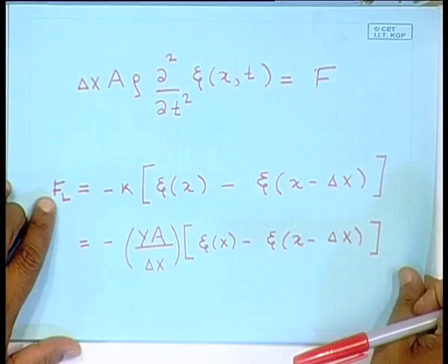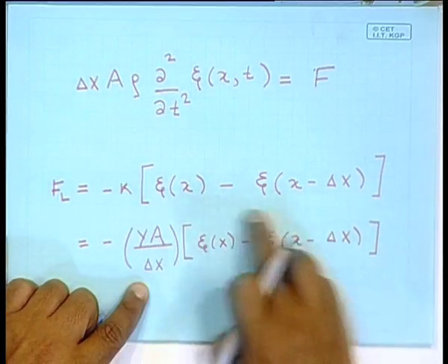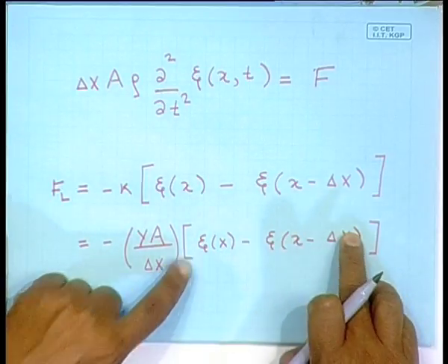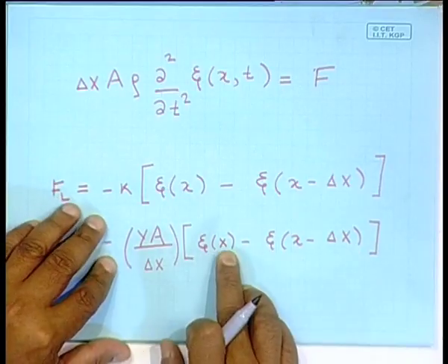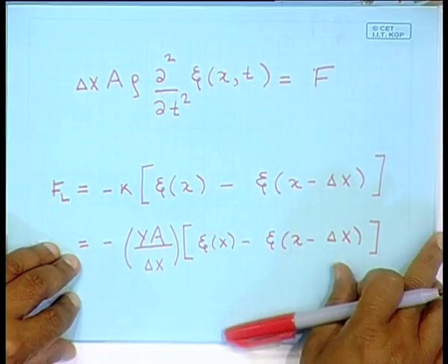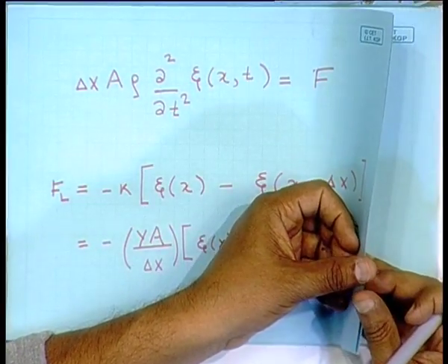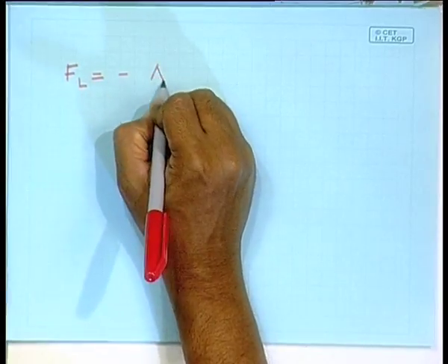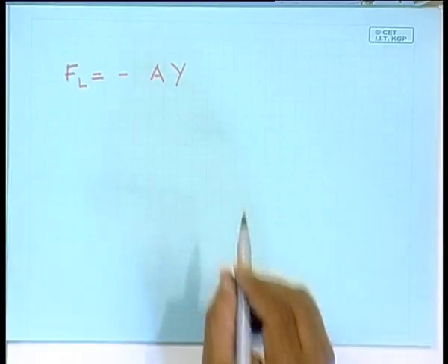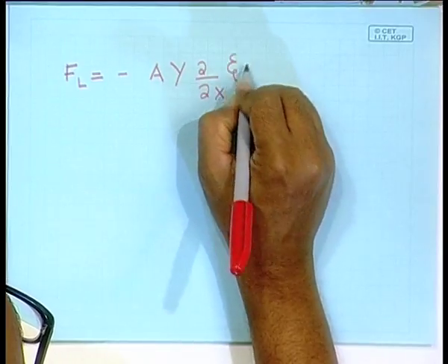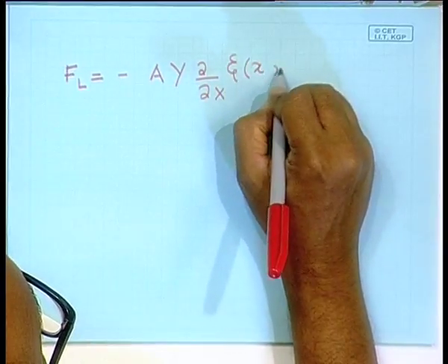So, we can calculate the force on the left. The force on the left is this whole thing over here, and the ratio of xi of x minus xi of x minus delta x divided by delta x is the derivative of the function xi at the point x. So, what we see is that the force from the left is equal to minus A, the cross sectional area, into the Young's modulus Y into del by del x of xi of x, t.